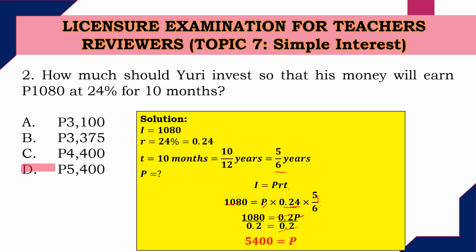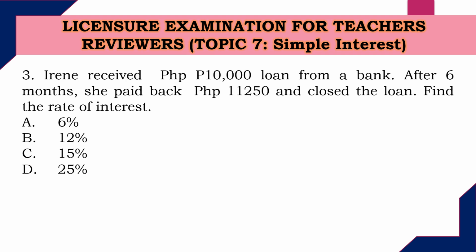So the answer is letter D, 5,400. That is the amount Yuri should invest to earn 1,080 at the end of 10 months at 24%.